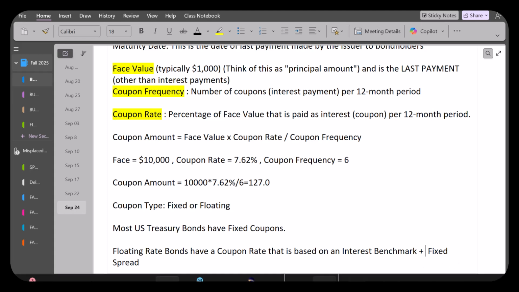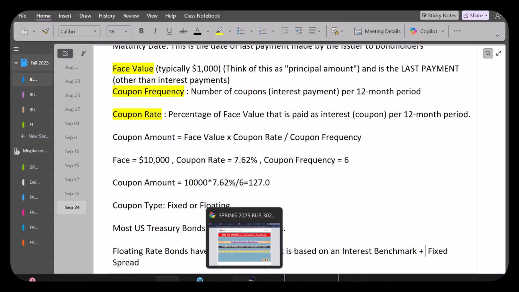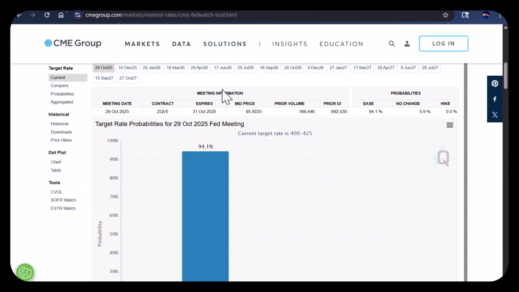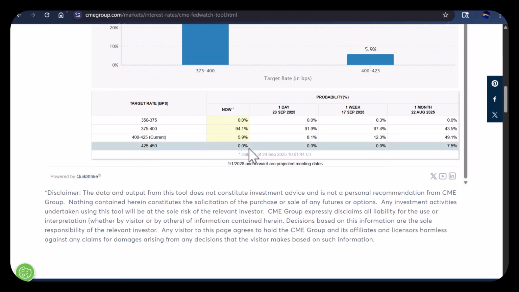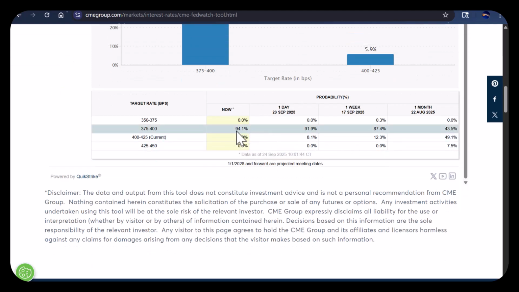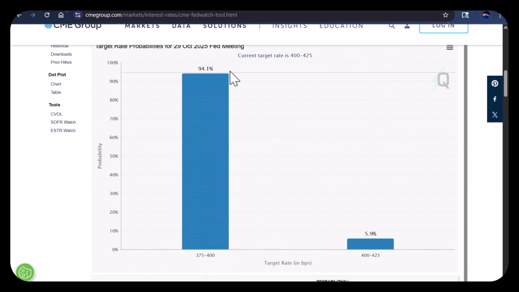Currently, the expectation for the next meeting is a 94% probability that it's going to be another quarter. By the way, about a month ago, that probability was about 43% because of the relatively low employment numbers. The Fed is pretty much expected to do another drop.